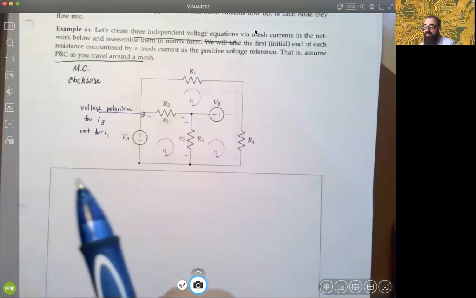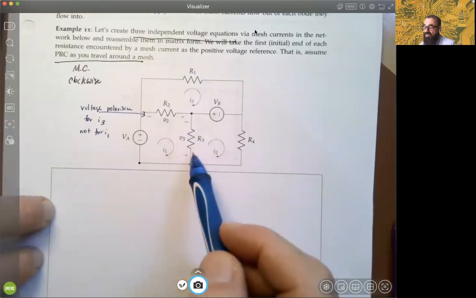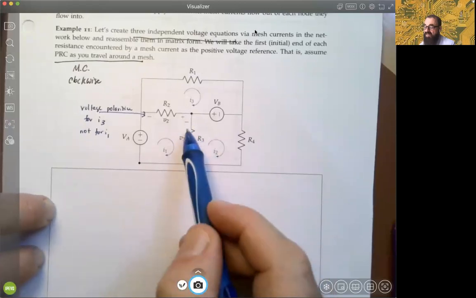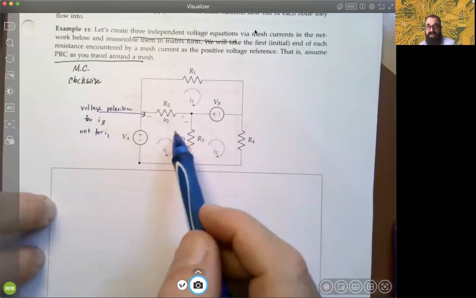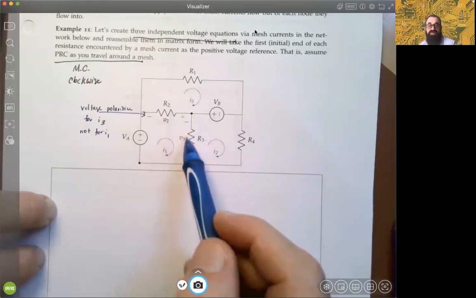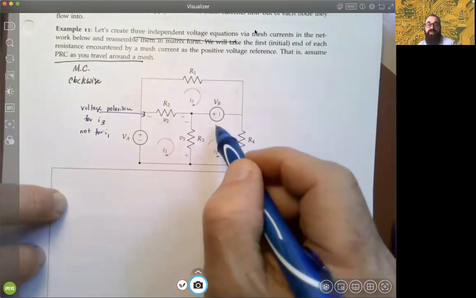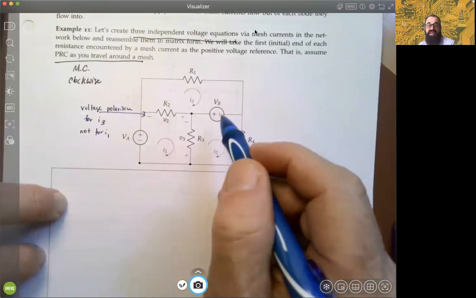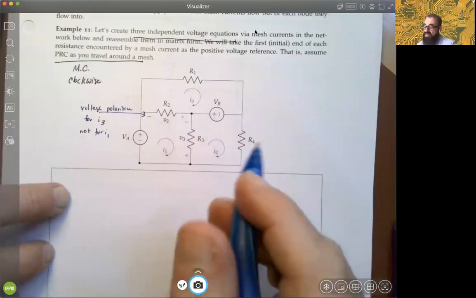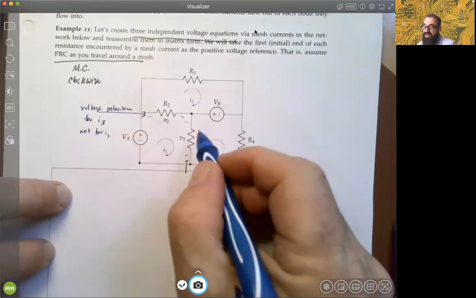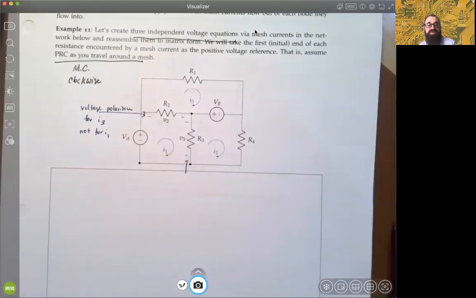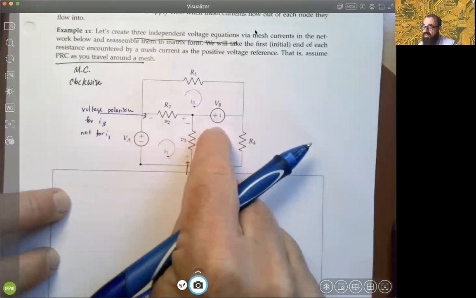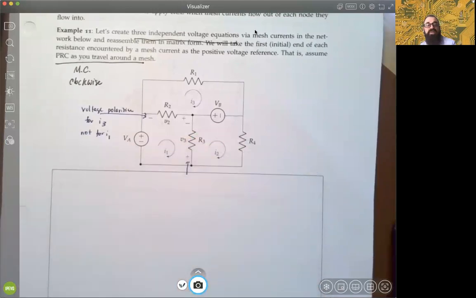That's why I may have made some confusing arguments before. I said it's consistent for that mesh. You wouldn't want to change it within that mesh, but from the perspective of another mesh, yes, you could. For example, the polarities indicated for the voltage through R3 are for I2, to make that PRC, not for I1.